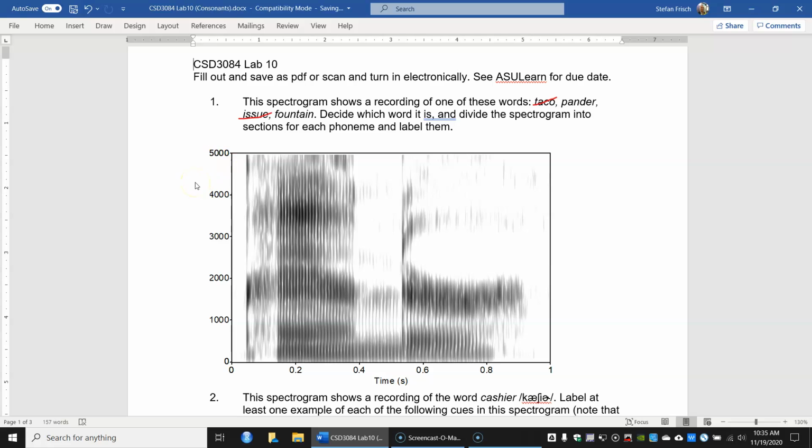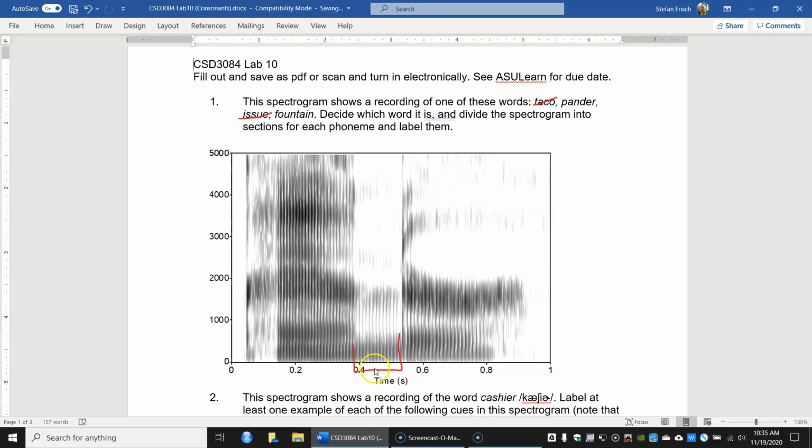Between pander and fountain, or fountain, depending on how it was produced, there is a nasal consonant in the middle, and in fact, in this region right here, we do have something that looks pretty suspiciously like a nasal.